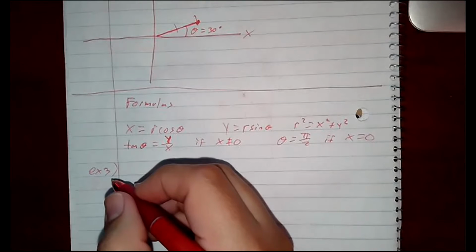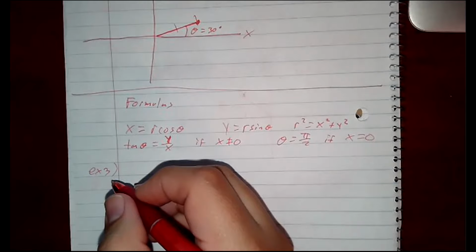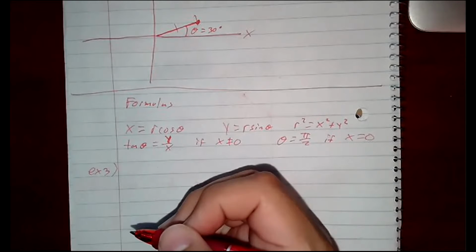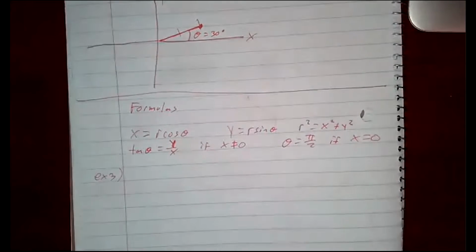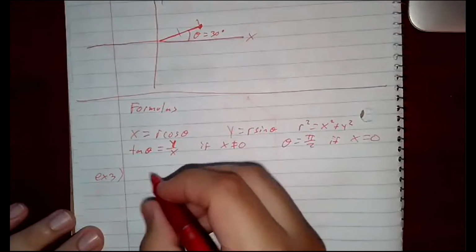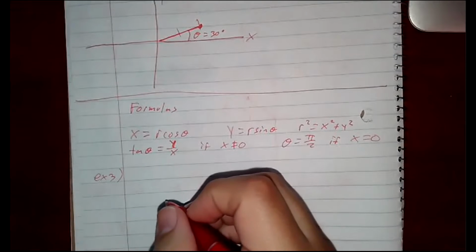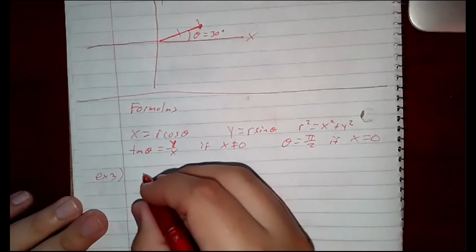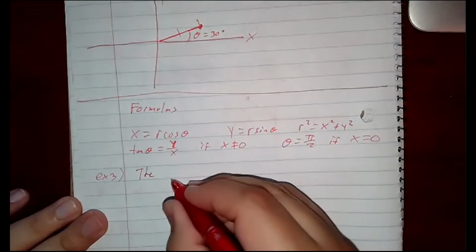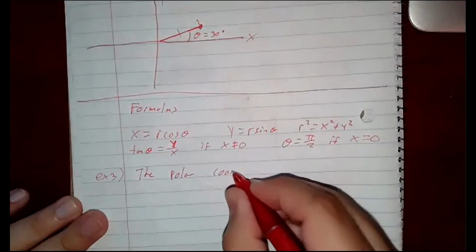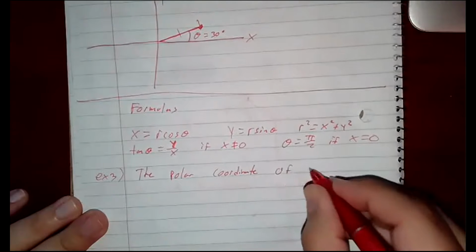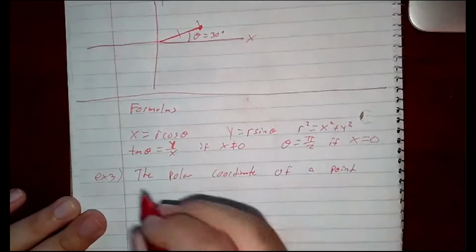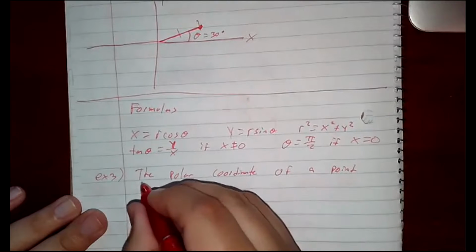Let me find a simple question. The polar coordinate of a point is going to be this here.